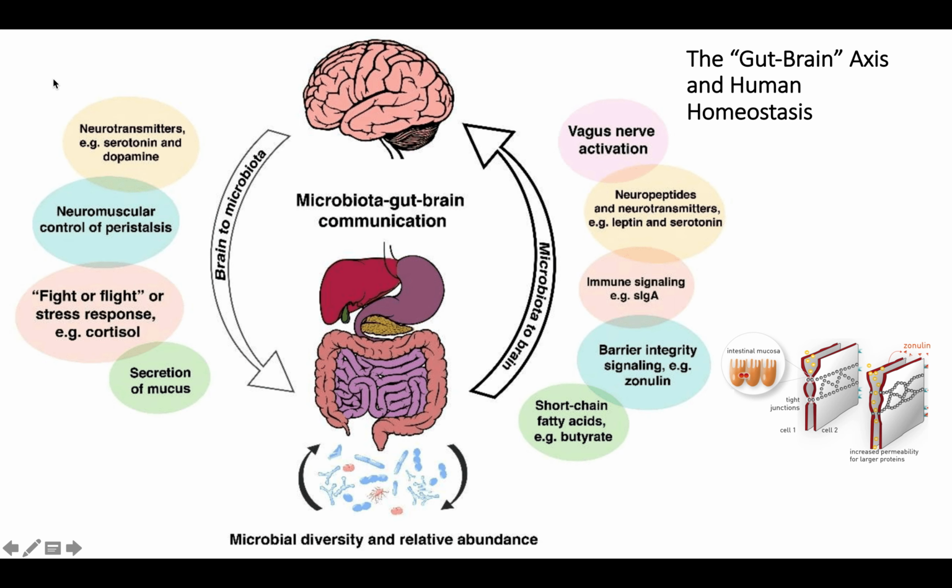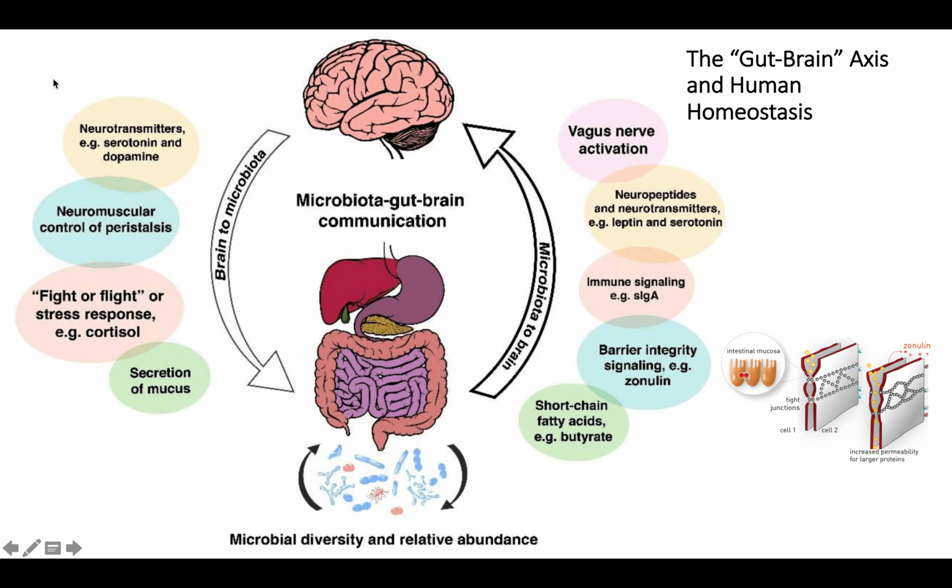So anyhow, another thing they have found out is that there is a connection between the gut microbiome and our brains. Okay? The gut microbiome produces metabolites such as short chain fatty acids.